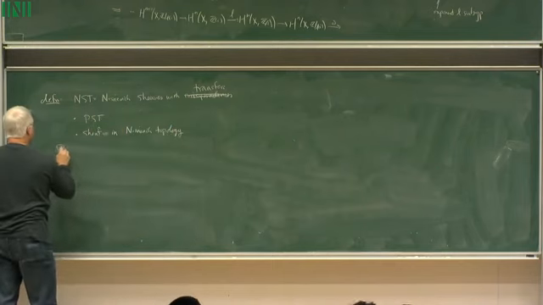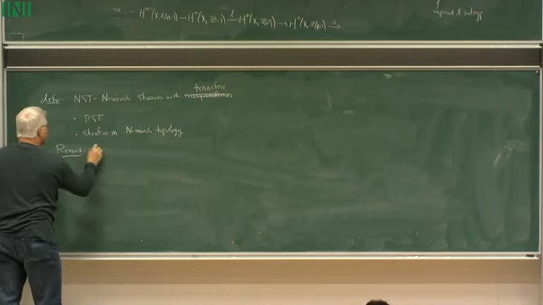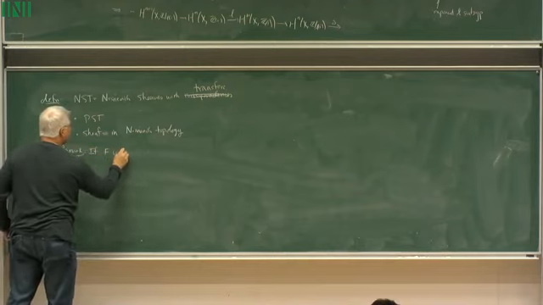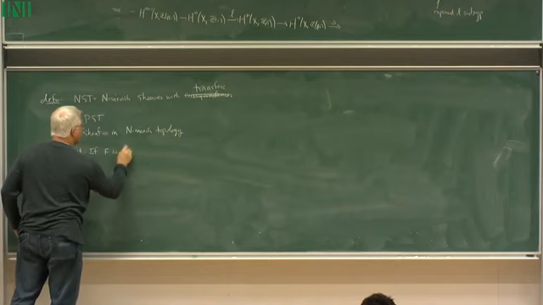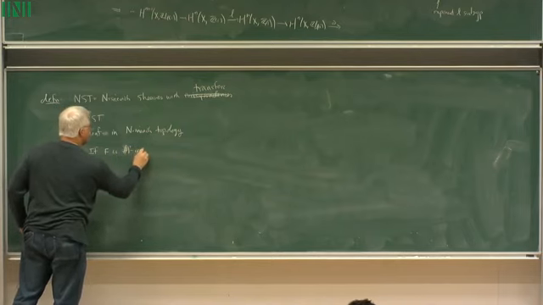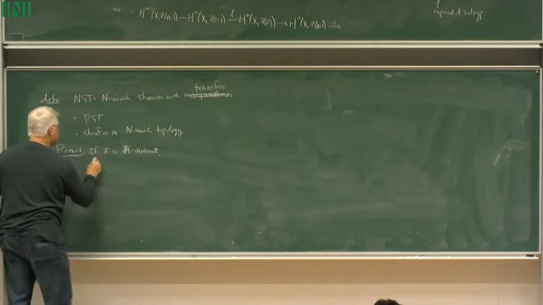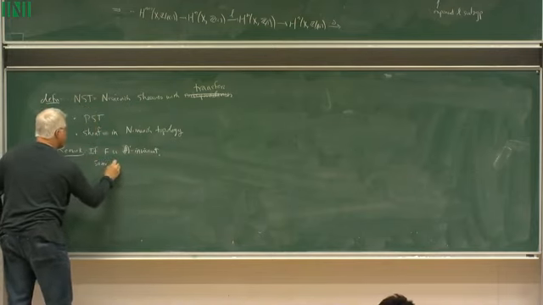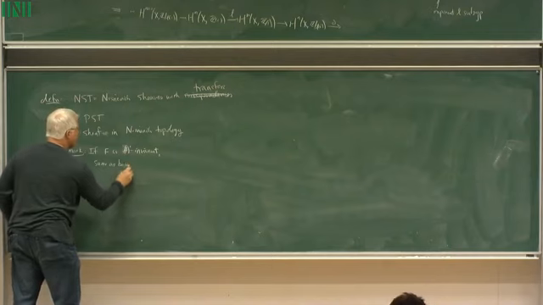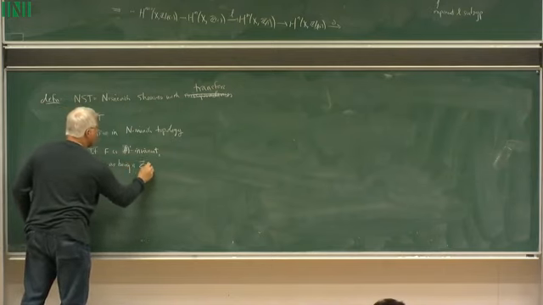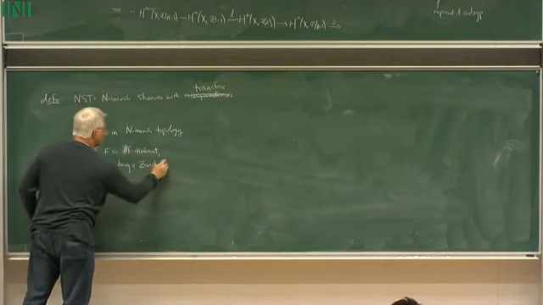And here's a remark. If F is homotopy invariant, A1 invariant, this is the same as being a Zariski sheaf.